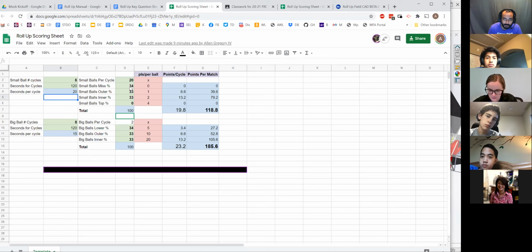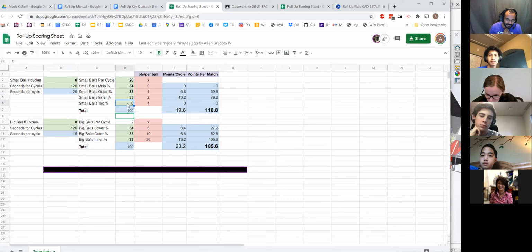Okay, so where are we on percentages? If we're lining up to shoot a small ball, some of them you can always miss, because if you just miss the ring entirely, there's going to be some percentage that always misses. It could be zero if you're just really good, but there's always a chance for it to miss. It's going to be rare to hit inner goal, outer goal, and top goal all together.